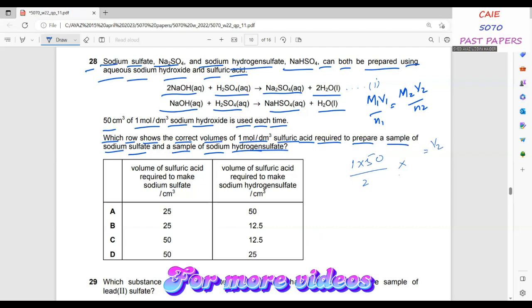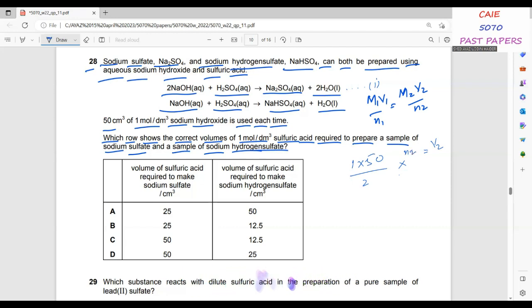We'll get N2 by M2. Now placing the number of moles of sulfuric acid, in both cases you see the number of moles of sulfuric acid is 1, and M2, which is the concentration, is also 1 mole per dm³. So you have 50 divided by 2 into 1 by 1 is equal to V2.